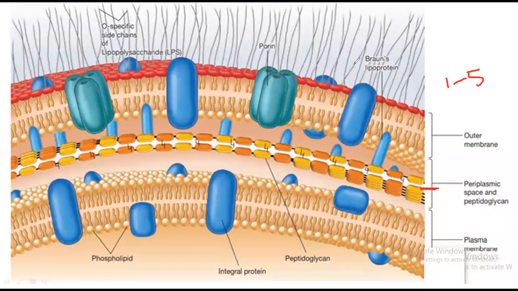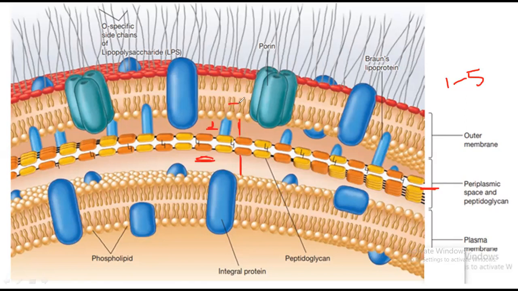One thing I want to show you are these spaces. These spaces are known as the periplasmic space. Why am I showing you? Because in a later video, I will discuss the periplasmic space and its importance. Just keep in mind that the space between the plasma membrane and the peptidoglycan layer is known as the periplasmic space.